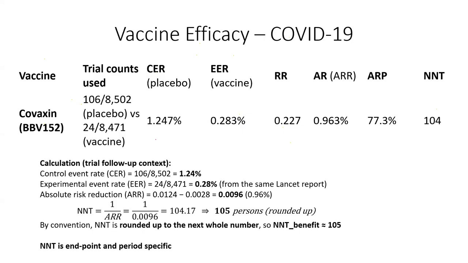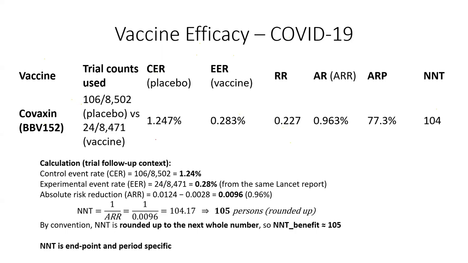It is going to be nothing but 1 divided by the attributable risk, which you will see in the formula here. And it gives a value of 105. What does this mean? That a minimum of 105 persons need to be given a vaccine to prevent any extra case of symptomatic COVID in the vaccinated group compared to the unvaccinated group.